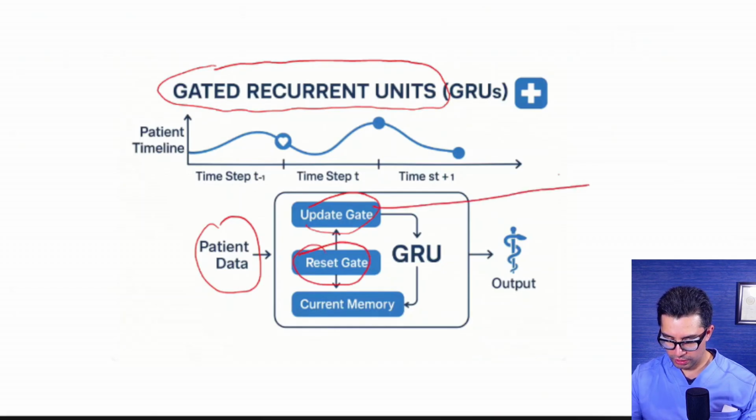So the GRUs have simplified this into 2 gates, the update gate and the reset gate. And this allows for quicker training and slightly faster operation.